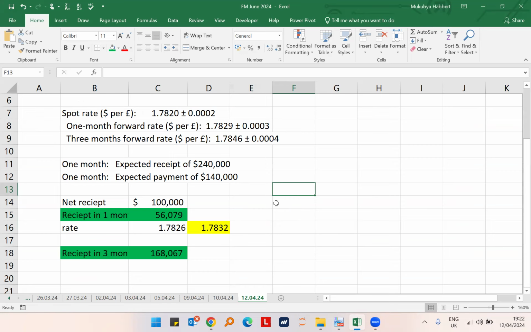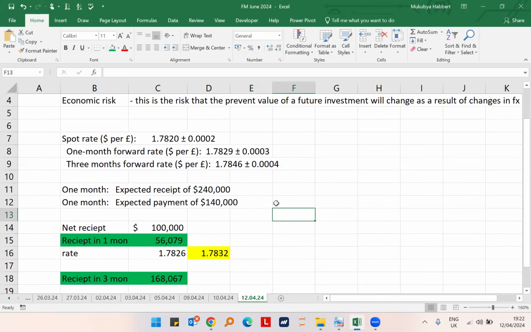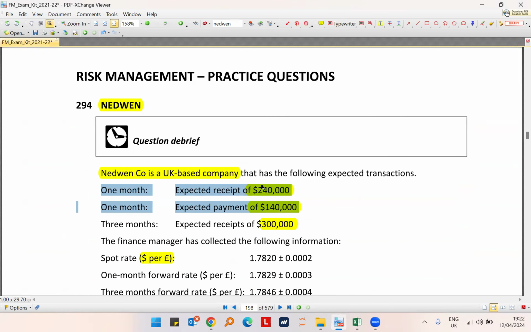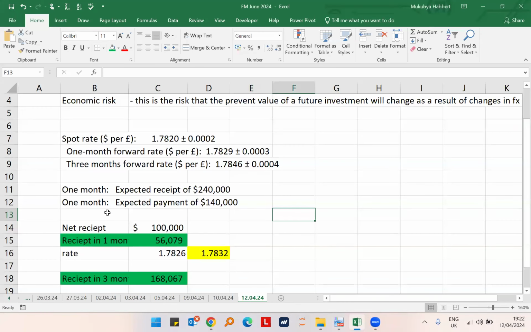I'm saying that in the question, we are expected to receive $240,000, but at the same time, pay $140,000 in 1 month. So the first thing we did was to net those two: if you receive 240 and you pay 140, you remain with $100,000. It is in 1 month, so we use the 1 month forward rate.